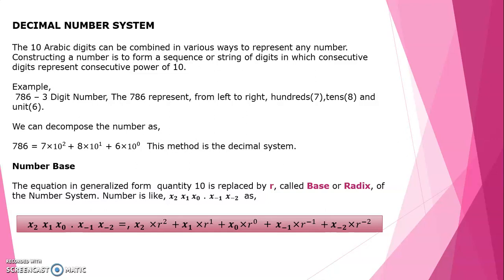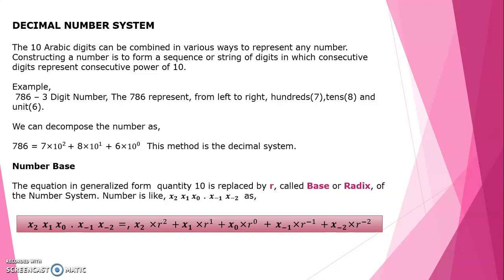The digits 7, 8, 6 are read from left to right. Here 7 means hundreds, 8 means tens and 6 means units. You can see that we decompose the number in the following way. This way it is called the decimal system.